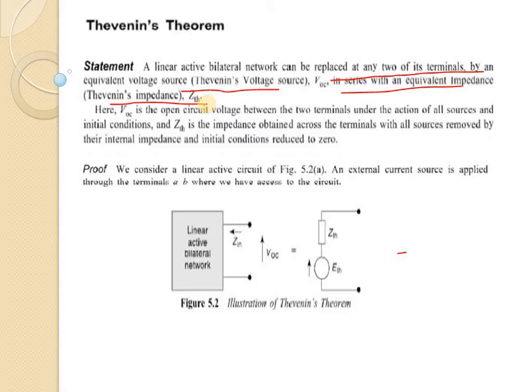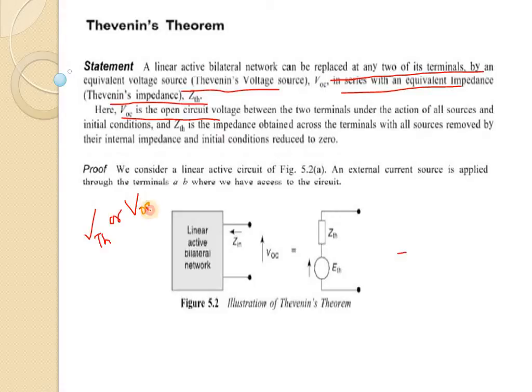And ZTH is the impedance obtained across the terminals with all sources removed, replaced by their internal impedance, and initial conditions reduced to zero. This open circuit voltage VOC is also known as Thevenin voltage. It can be written as VTH in many books. That means VTH or VOC is the same thing, that is, Thevenin voltage or open circuit voltage.